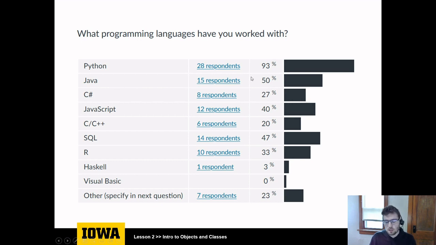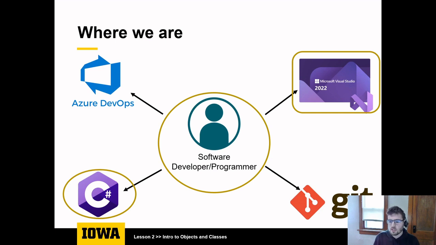This is what we teach in our intro programming classes at University of Iowa. Those two facts are going to inform how I'll be presenting the material in this course, and it also gives you a sense of where we are in the learning process of learning to program. So with that, we'll get started with the lesson.